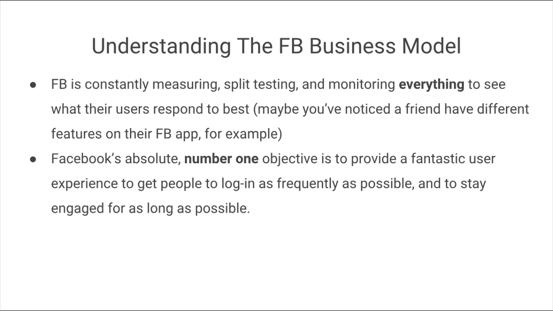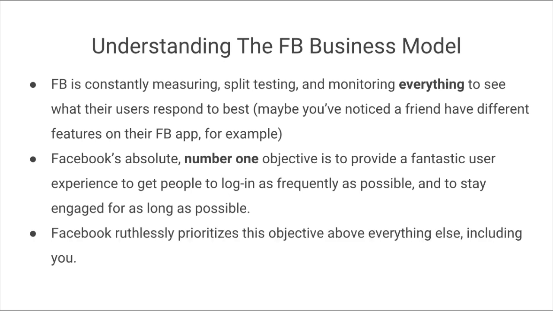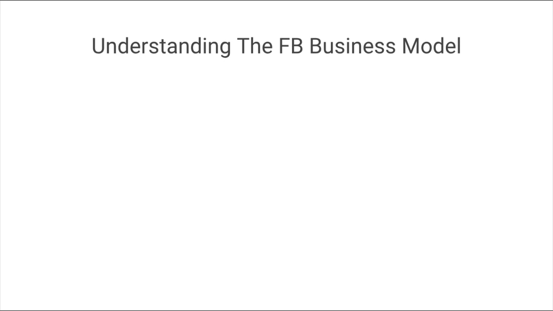This is because Facebook's absolute number one objective over anything else is to provide a fantastic user experience to ultimately get their users to log in as frequently as possible and to stay engaged with their platform for as long as possible. Facebook ruthlessly prioritizes this objective above everything else, including you as an advertiser. If it came down to it, Facebook would absolutely ban you from their platform without hesitation if it meant their users would be happier. Facebook cares about their users and the user experience more than anything else.